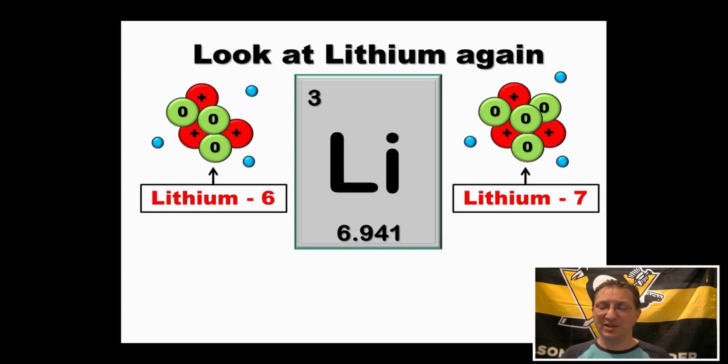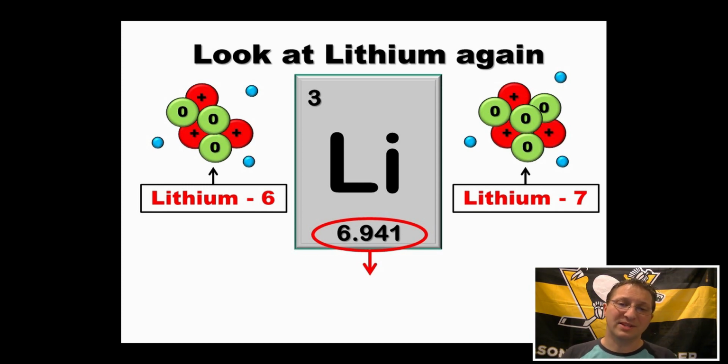Which one are you going to find in the universe more often? Are you going to find lithium 6 or lithium 7? Well, how do you know? Again, I gave you the square from the periodic table here, and we can see that the average atomic mass of lithium is 6.941. All we have to do is round that to the nearest whole number.